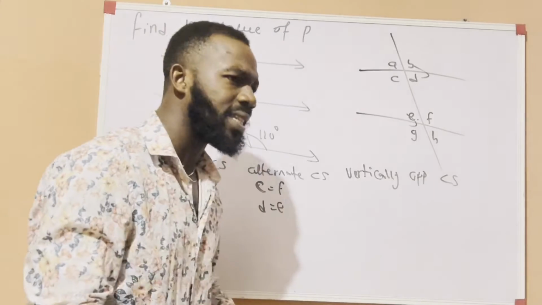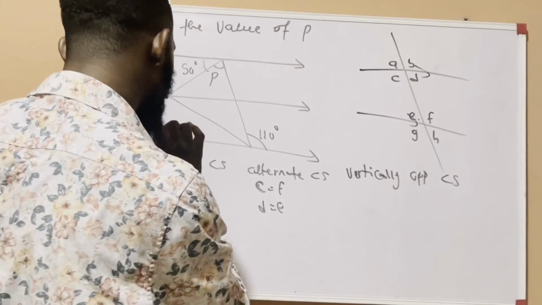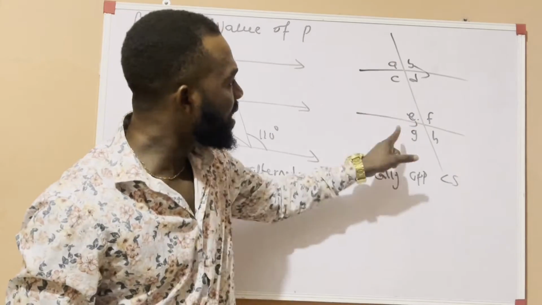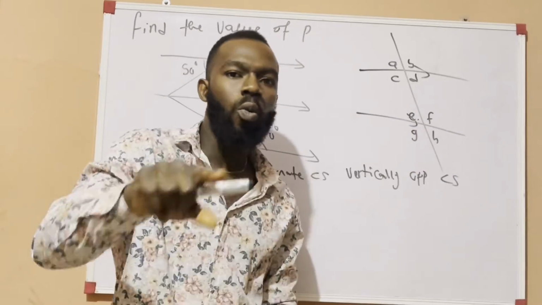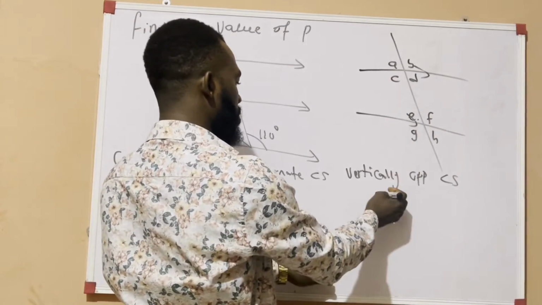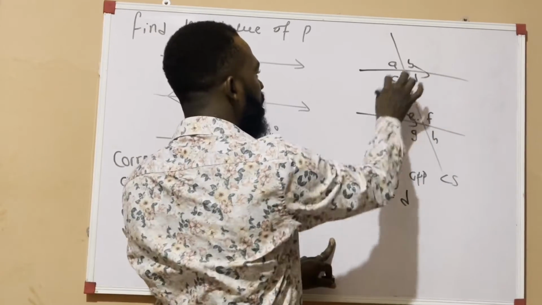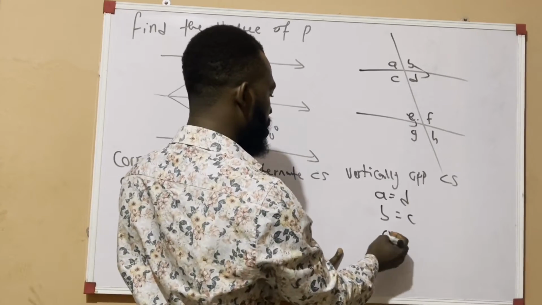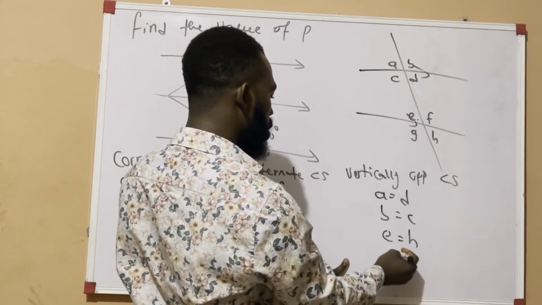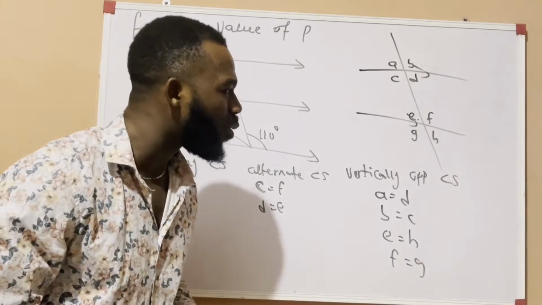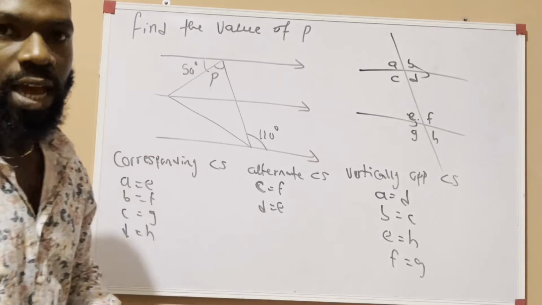And don't forget, vertically opposite angles are also equal to each other. So it means A is equal to D, B is equal to C, E is equal to H, and F is equal to G. These are the vertically opposite angles that are formed in this diagram.